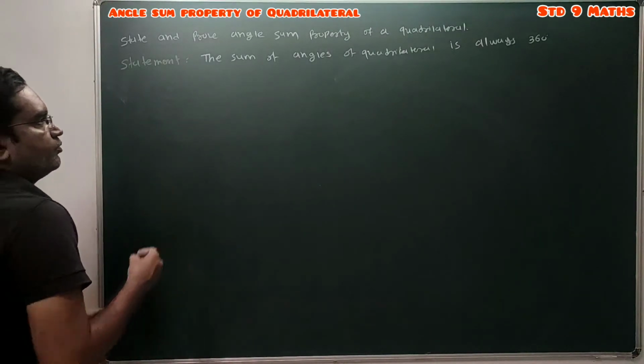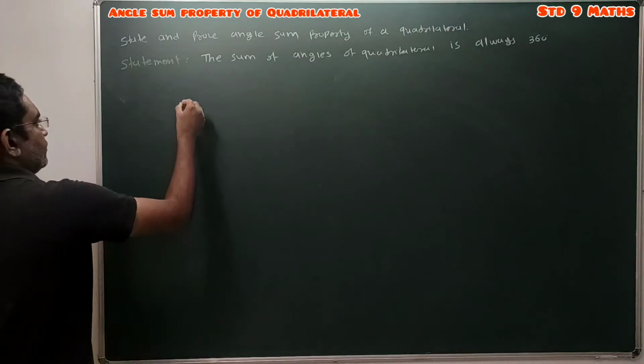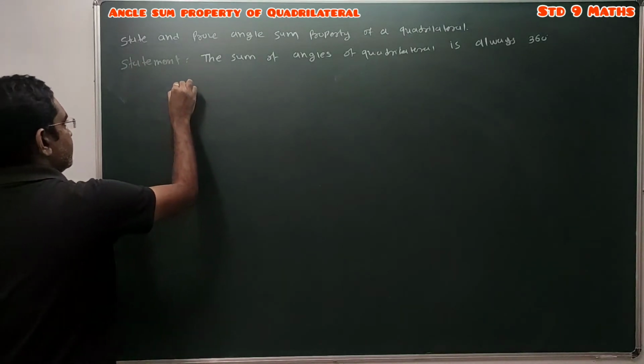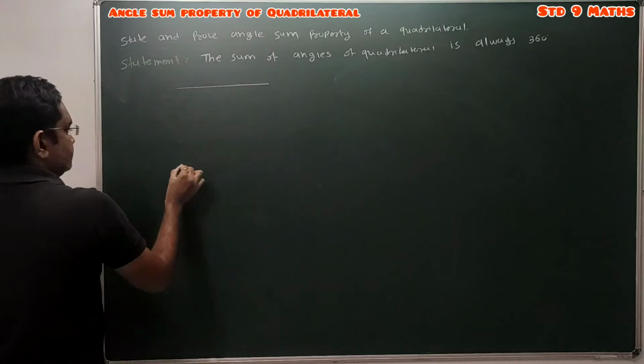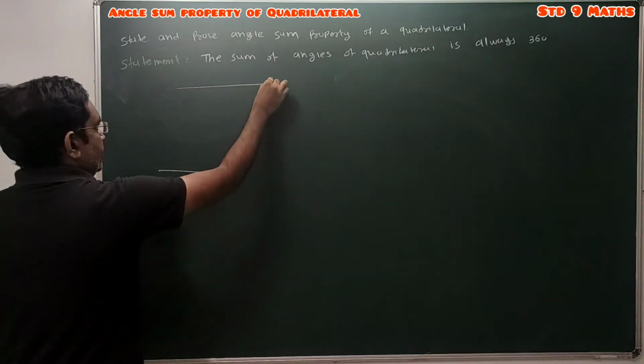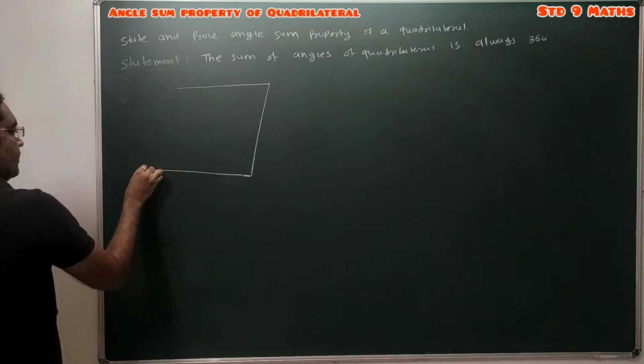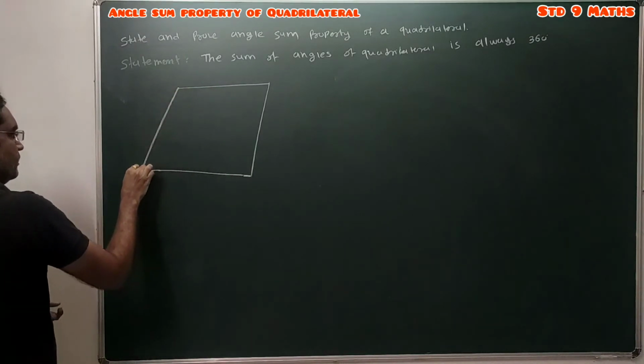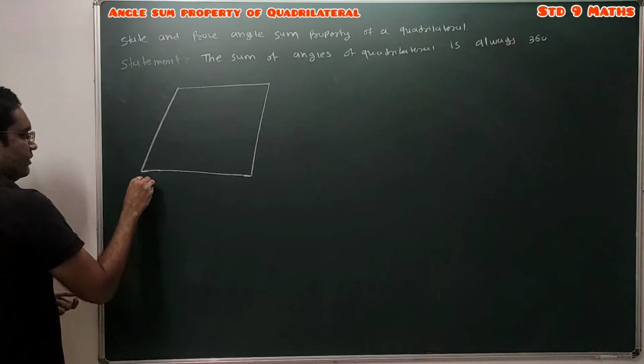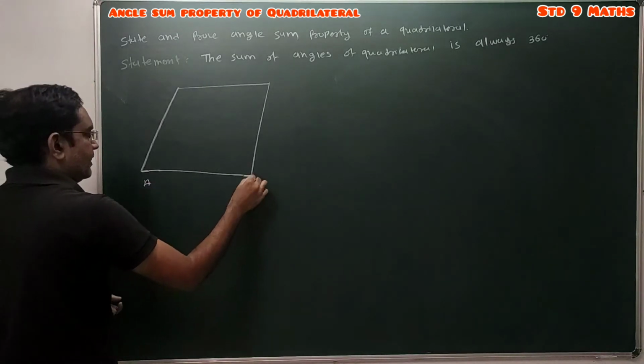And now we have to prove this statement. So for the diagram we need to draw one quadrilateral. Suppose this is one quadrilateral ABCD, a closed figure made up of 4 line segments.